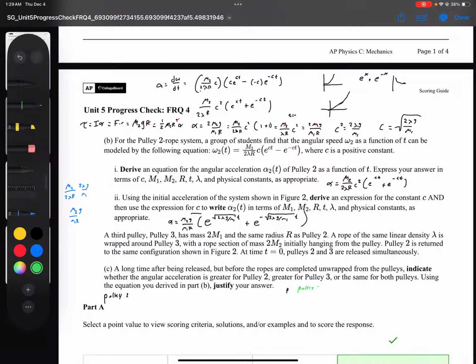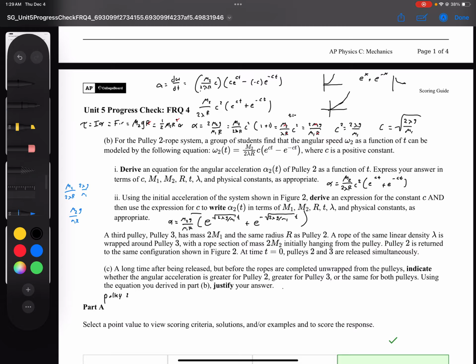So for pulley 3, instead of m2, I have 2m2, and instead of m1, I have 2m1. Maybe green is not the best color. Can I have a dark green? I'm not going to play around with this too much. I'll just keep it. We're almost done.